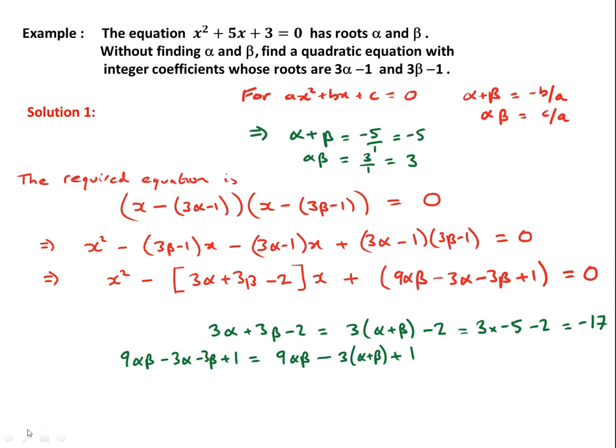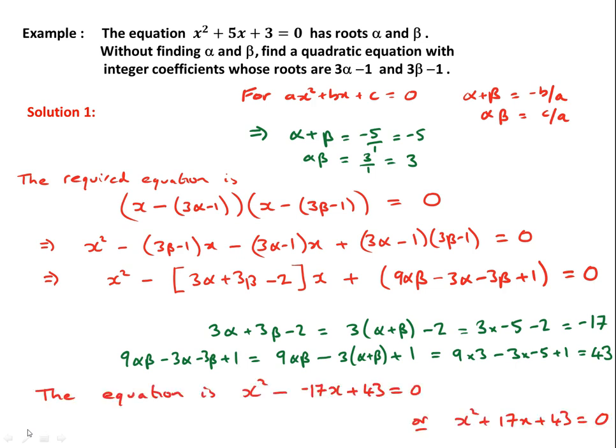So that can be rewritten as 9 times 3, take away 3 times minus 5, add 1, which is 27 minus minus 15, add 1, which is 43. So the equation I have is x squared minus minus 17x plus 43 equals 0, or more sensibly, x squared plus 17x plus 43 equals 0.